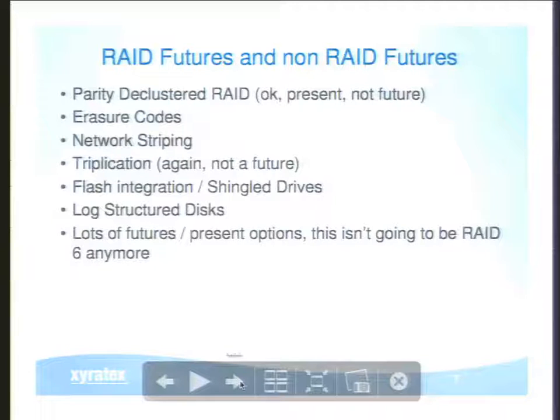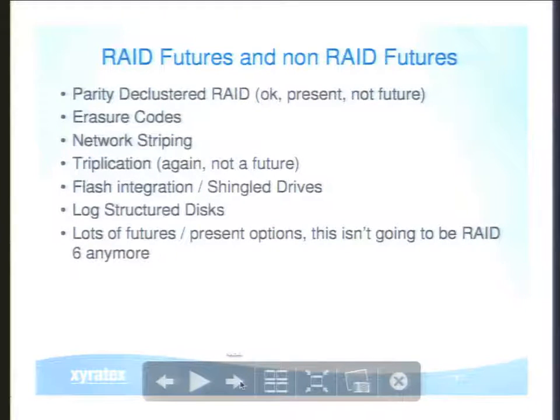So there are many features in RAID technology that are coming about. Many of these are present in current versions of various vendors. There's parity declustered RAID. That's RAID sets that move across a large number of drives. Erasure codes, which is basically, anybody know what erasure codes are? Great. Do you know that RAID 2 is an erasure code?